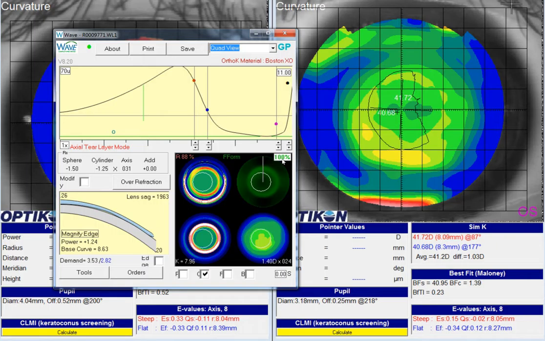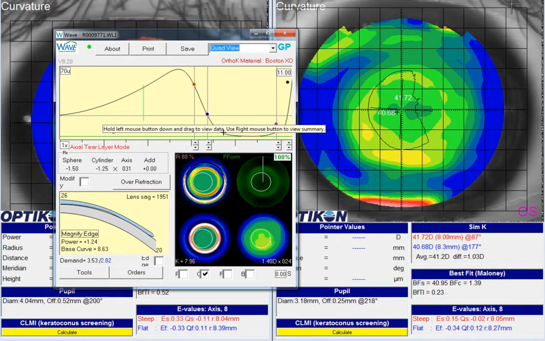And then one last thing I would do is lift the very edge of the lens a little bit as well. This just helps to ensure that the first place that the lens touches down is at the back edge of the reverse curve, as opposed to at the edge of the lens.